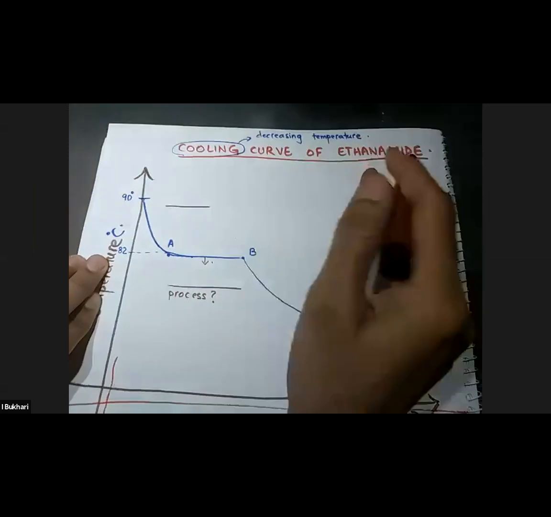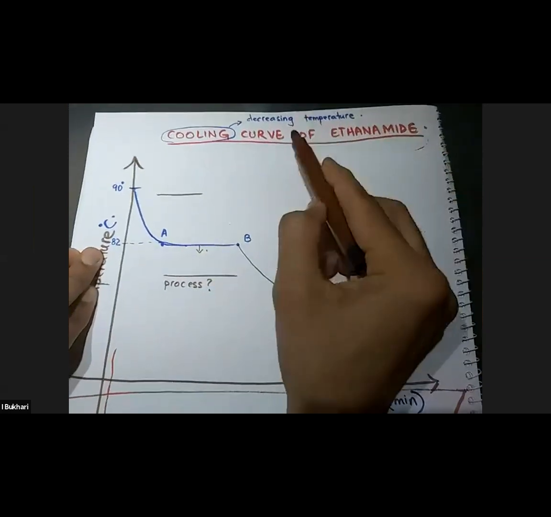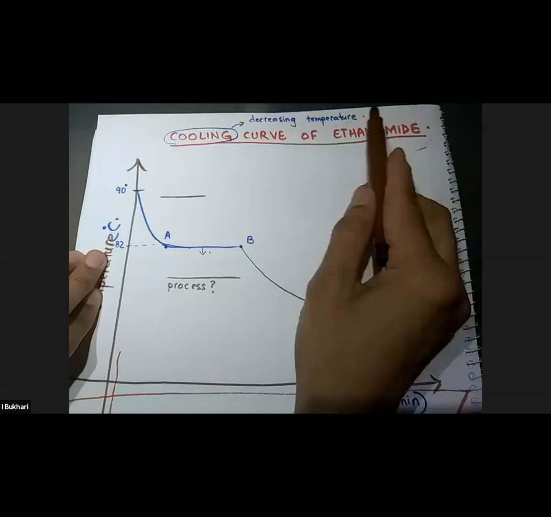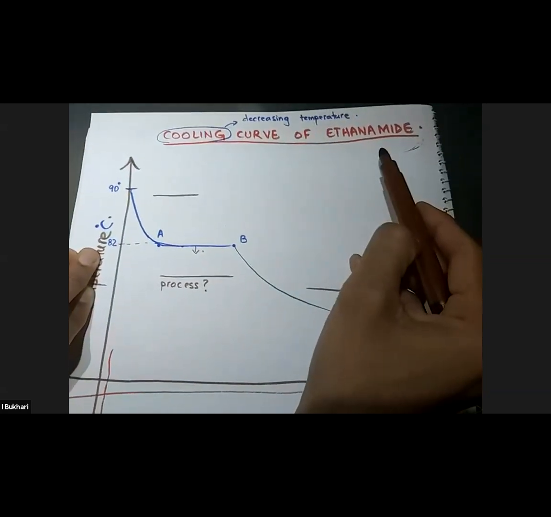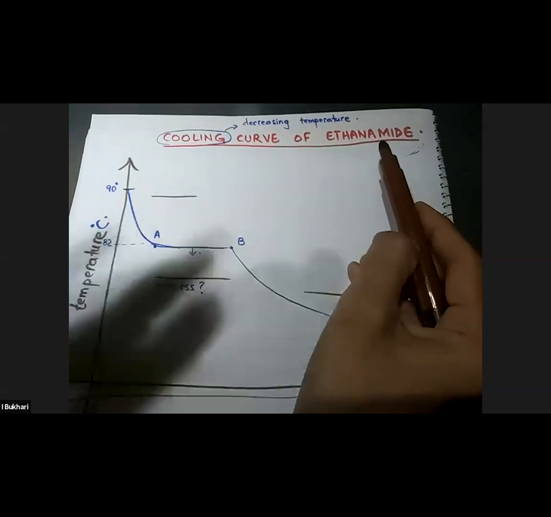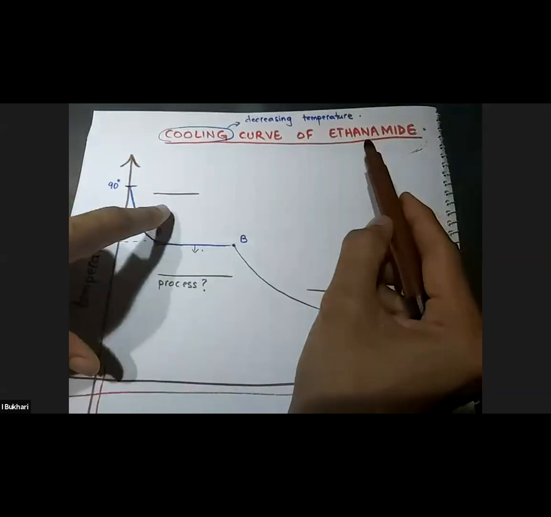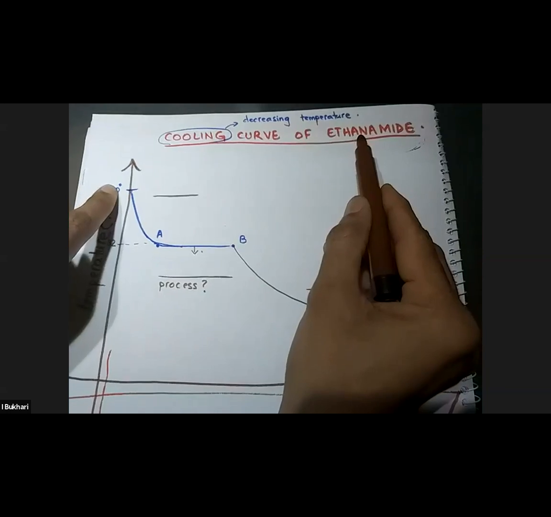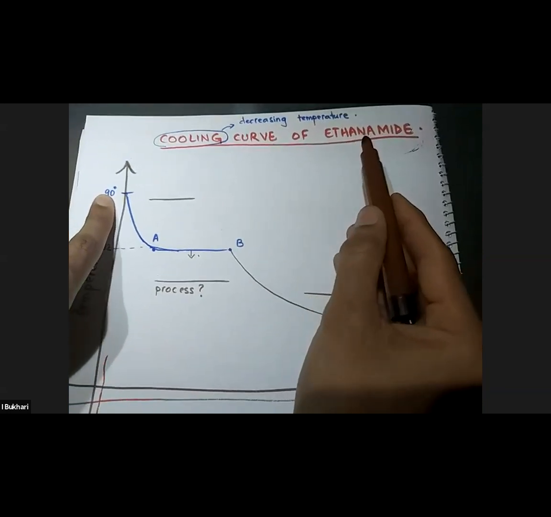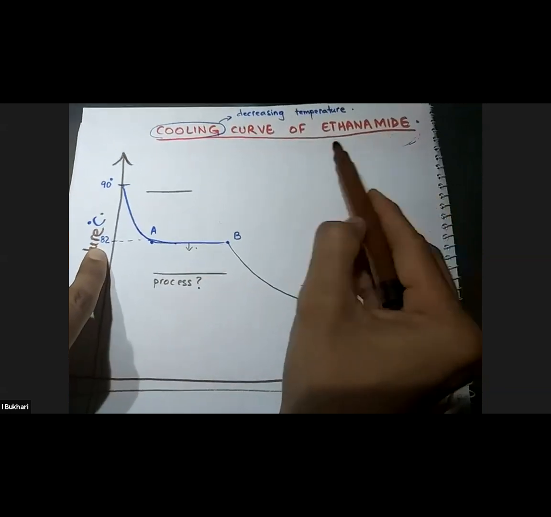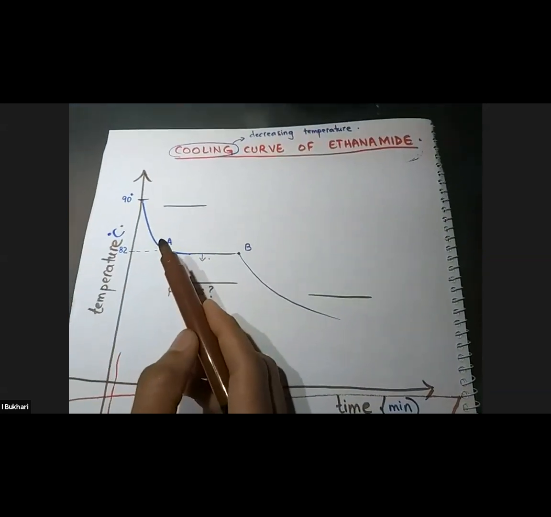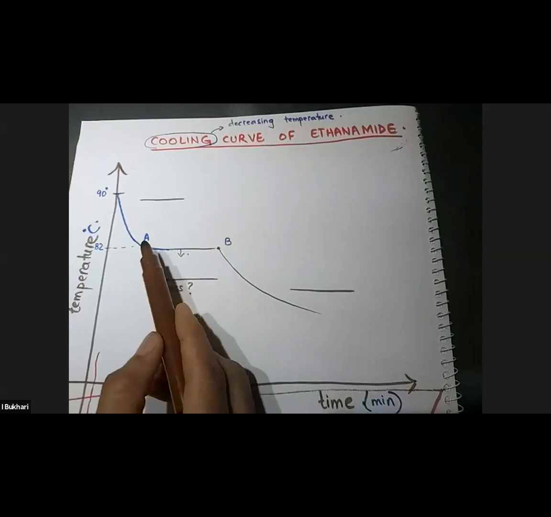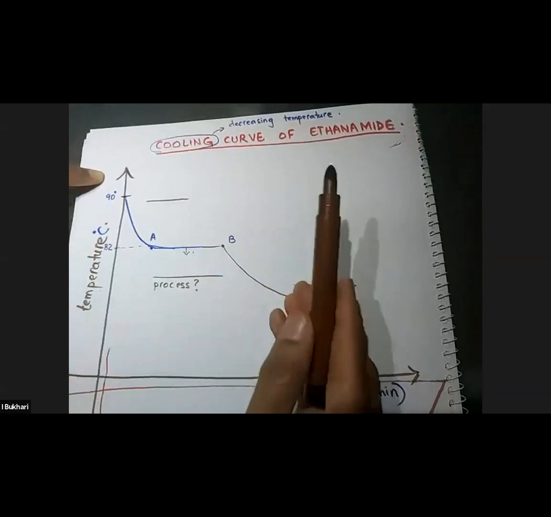Now, you should have some rough idea about the substance you're talking about. This is ethanamide. Ethanamide is a non-polar substance. It is organic. Its melting point is around 80, and its boiling point is pretty high.